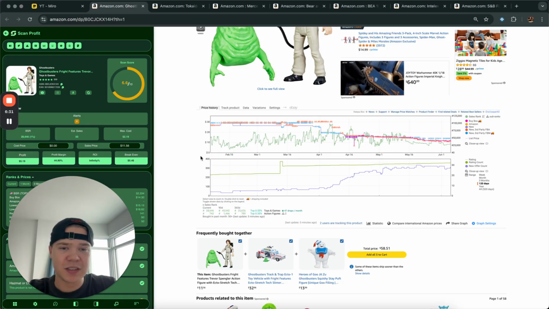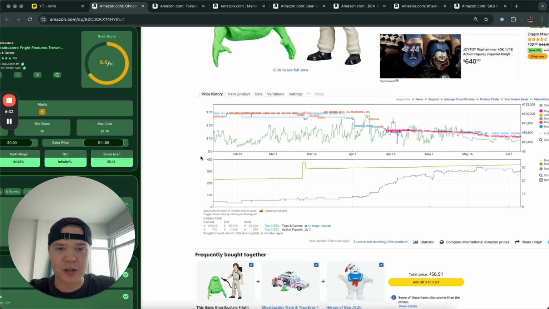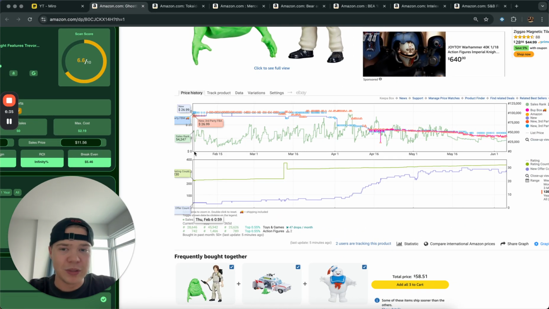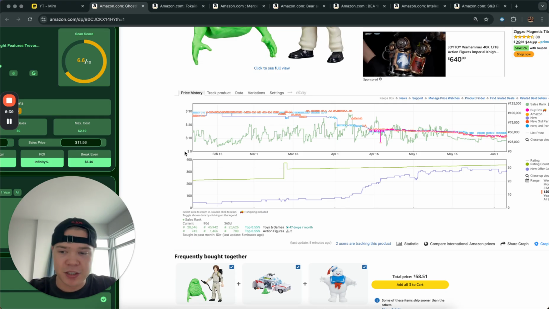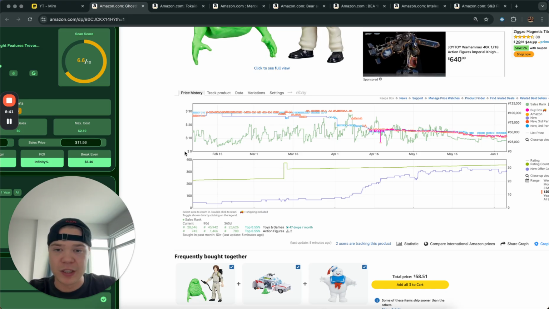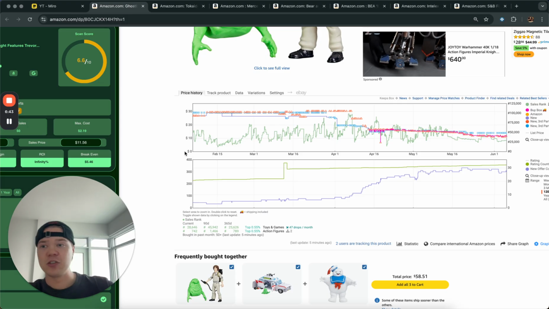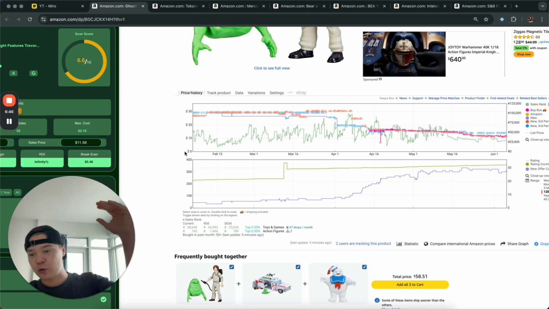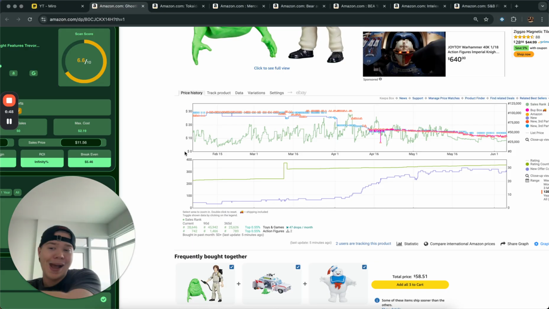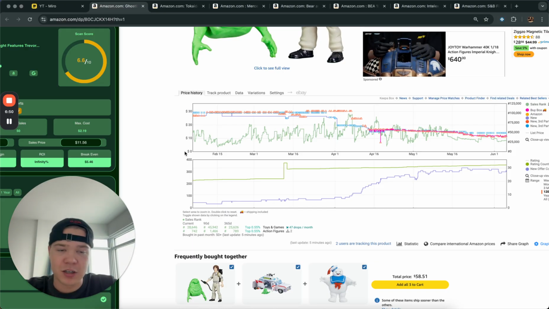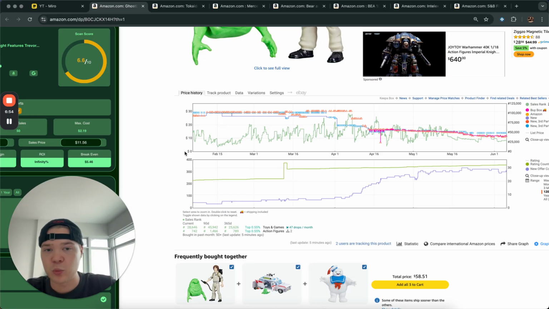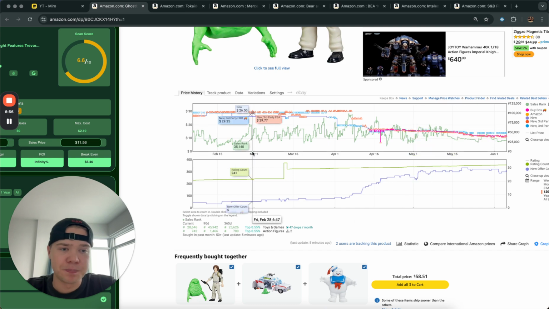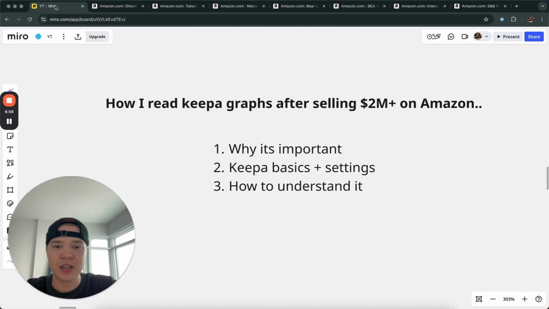Keepa is going to be the biggest thing that helps you prevent buying a bad product, and so you need Keepa, because without any sales history, without any price history, we won't know if a product's actually good to buy. Because you could look at a product that's selling for $22 today, but in the past 5 years that product could have always been selling for $9 and you would be losing money. So that's why it's important to look at the previous history and know that information.